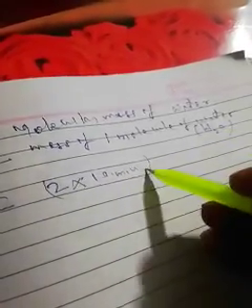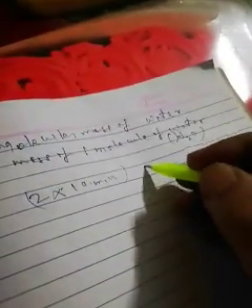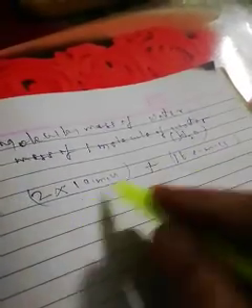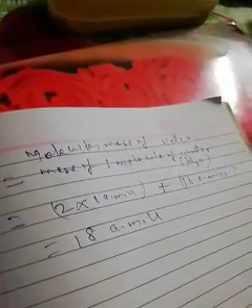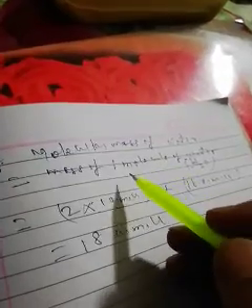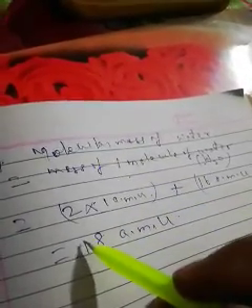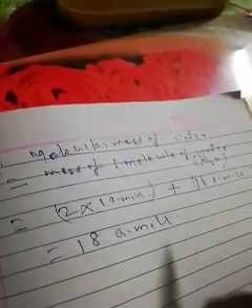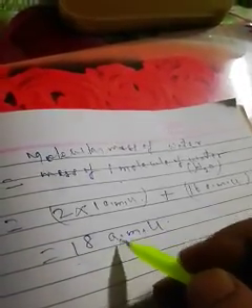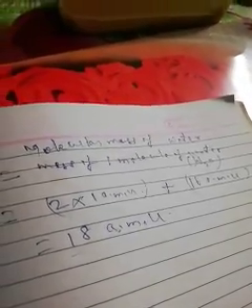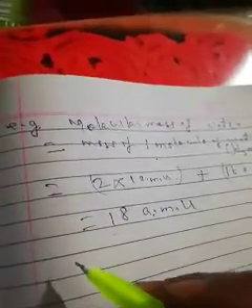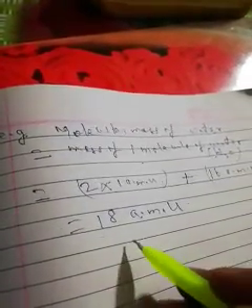Hydrogen has 1 amu, 2 hydrogens, 2 into 1 amu. Oxygen has 16 amu. So 2 into 1 plus 16, that is 18 AMU. That means water has molecular mass 18 AMU. Here we can say the mass of one molecule of water is 18 AMU. Hence we can say the molecular mass of water is 18 AMU.